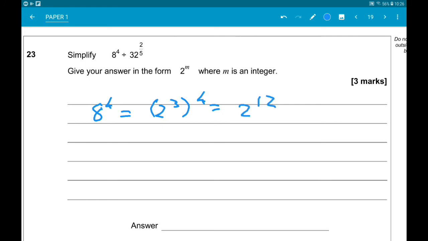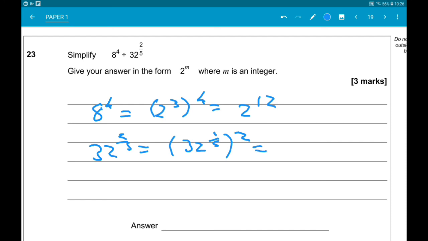Now 32 to the 2/5. Now to simplify things like that, we split the power. So we're going to say this is 32 to the 5th, squared.